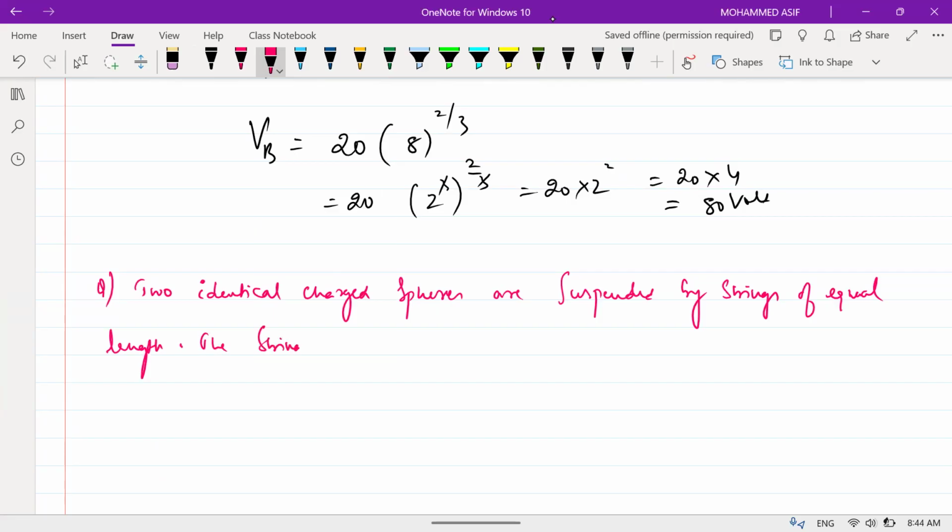The strings make an angle of 30 degrees with each other.